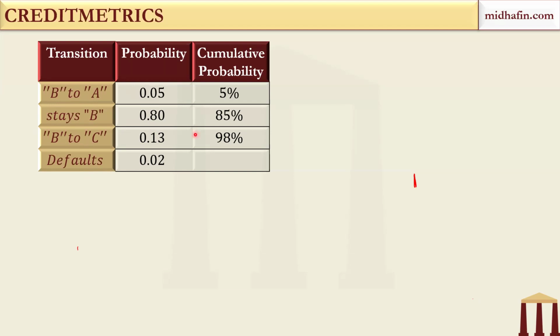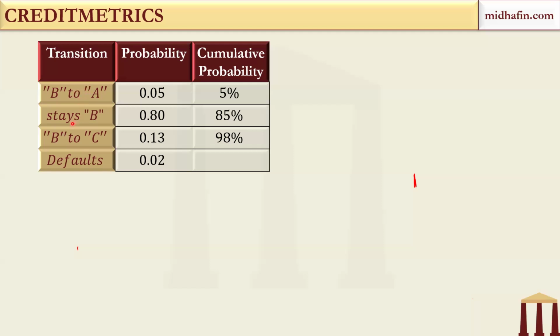Now what I have done, I've given you the cumulative probabilities also. Why have we given cumulative probabilities? It makes a lot of sense because we want to know the scenario which will happen less than or equal to 5% of the time, where a transition from B to A will happen.